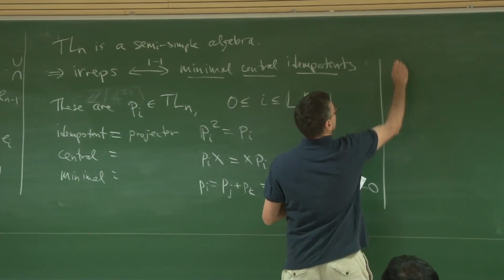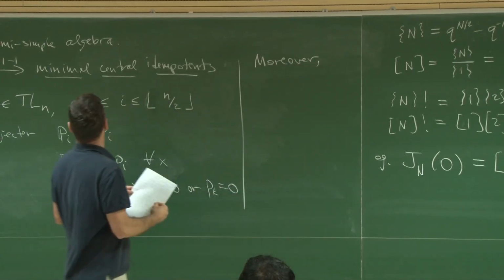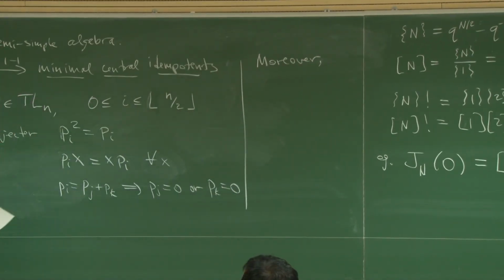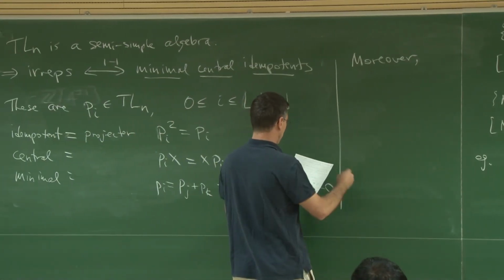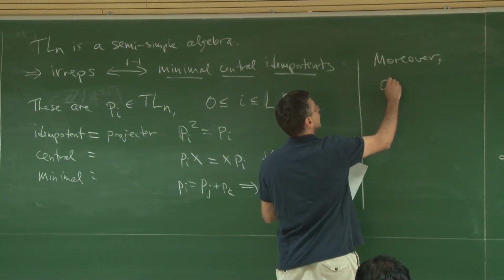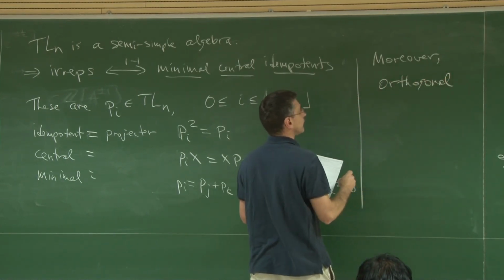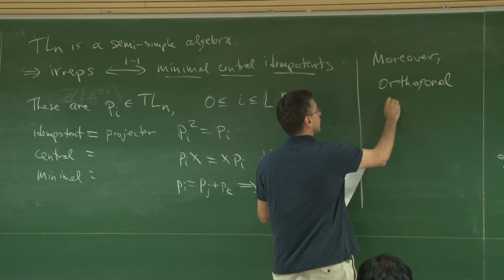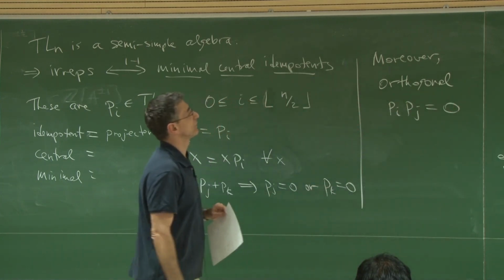Moreover, for this particular setup, in this particular algebra, these are orthogonal idempotents. They are orthogonal in the sense that pi pj equals 0.